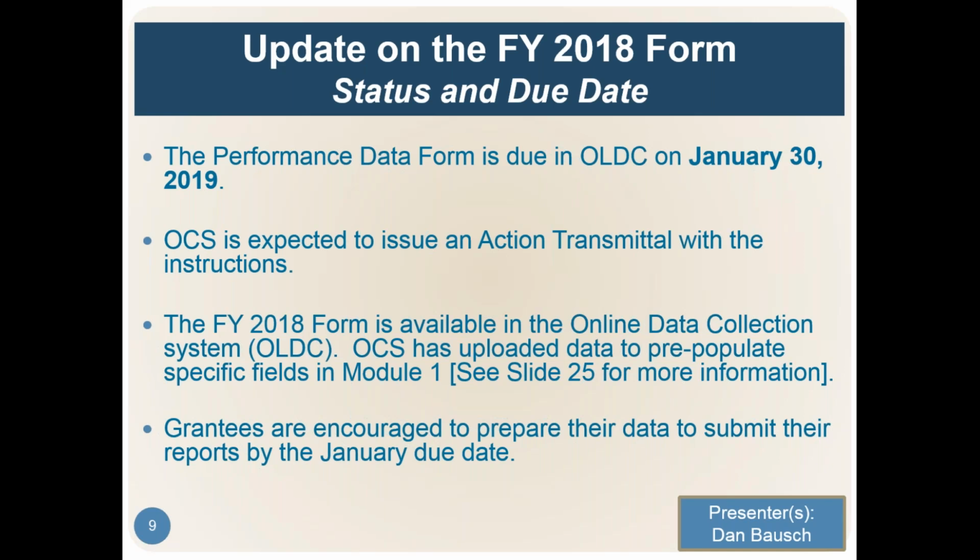But right now, you can access the 2018 form in the online data collection system, OLDC. And OCS has uploaded data to pre-populate the sources of funds fields. We're going to talk about that more later on. And you are encouraged to prepare your data in preparation for submitting your reports by that January due date.